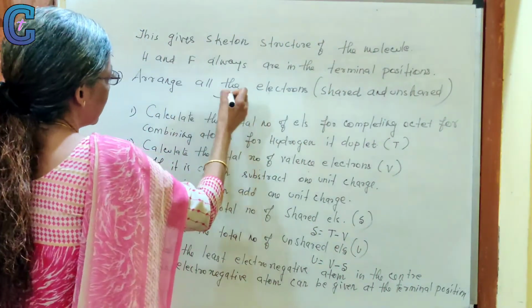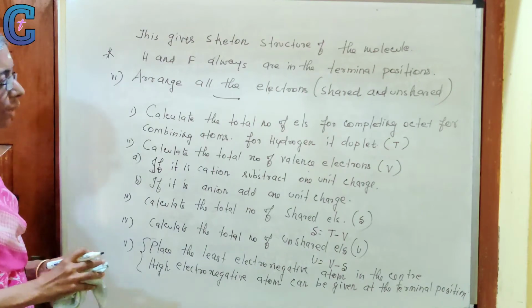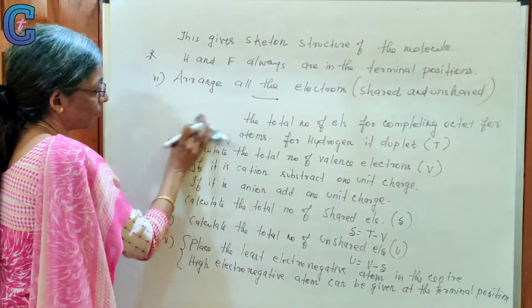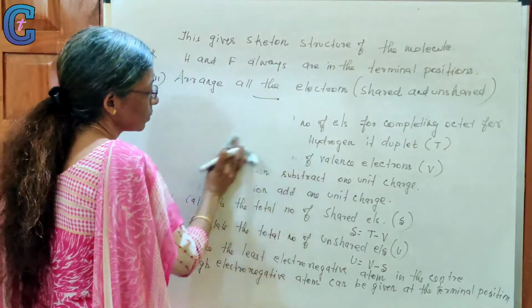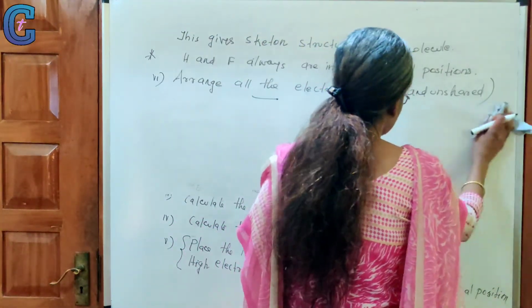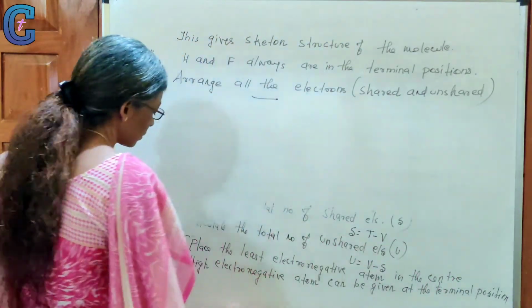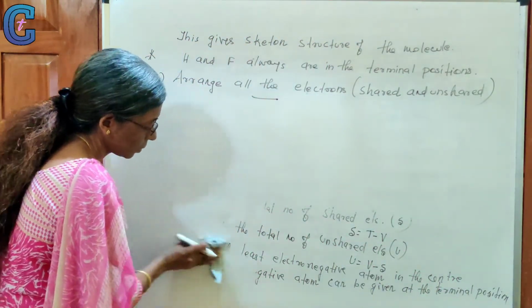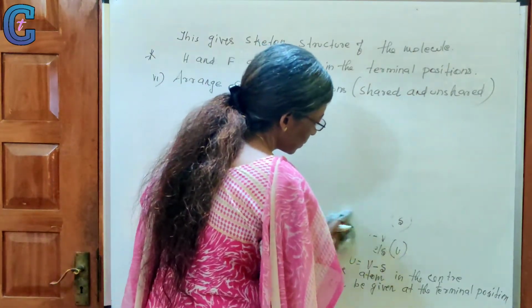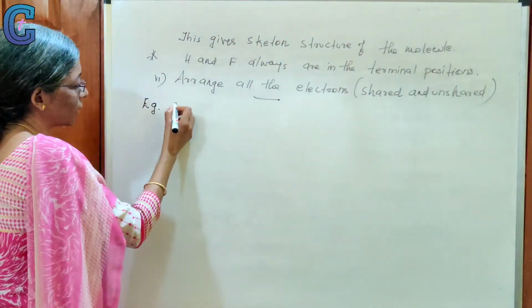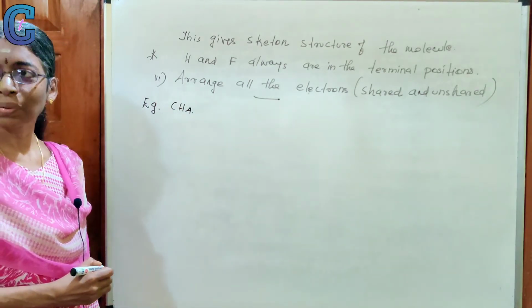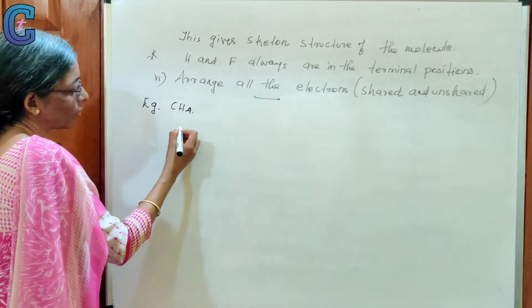Okay. Now first we are going to see an example, methane. First let us calculate T, the total number of electrons.